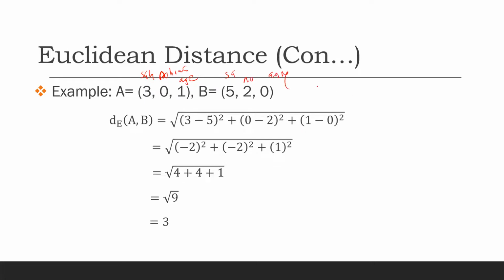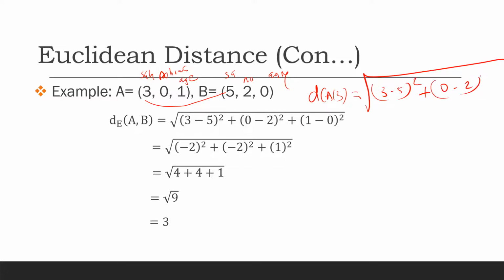So how can you calculate the Euclidean distance? Euclidean distance DAB is equal to the square root of the distance between these two. What is that? (3 minus 5) whole thing squared plus (0 minus 2) whole thing squared plus (1 minus 0) whole thing squared.